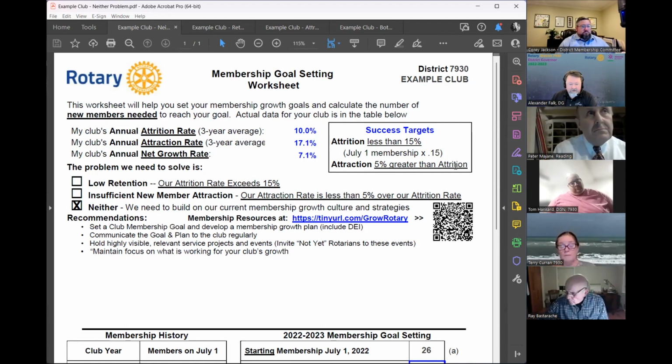What does that mean if attraction is 5% greater than attrition? It simply means that your net growth is 5% or greater, because the difference between those two is your net growth rate. So the reason we call this a goal setting worksheet is that once you know these numbers about your historic 3-year average for your club, you can now very quickly define a membership goal for your club.